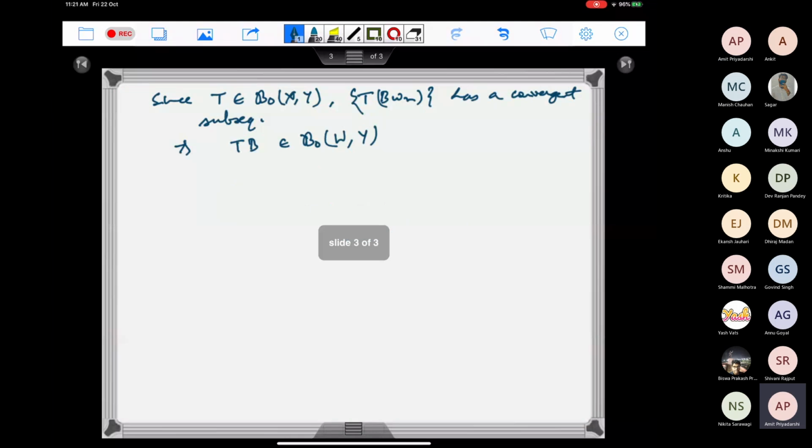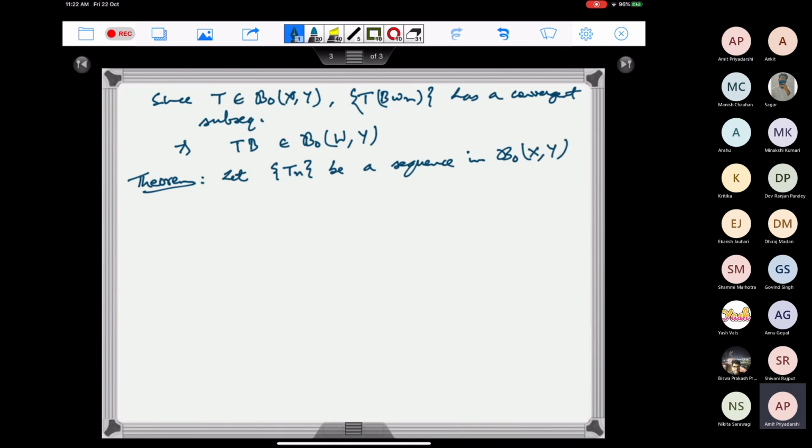So the next one is to let T_n be a sequence in B0 of X,Y, and let T belong to B of X,Y such that norm of T_n minus T goes to 0 as n goes to infinity.